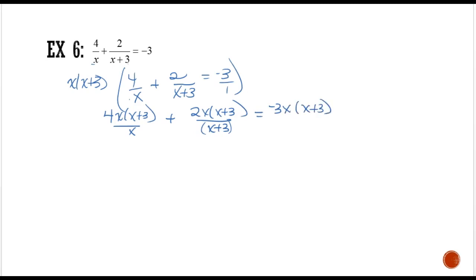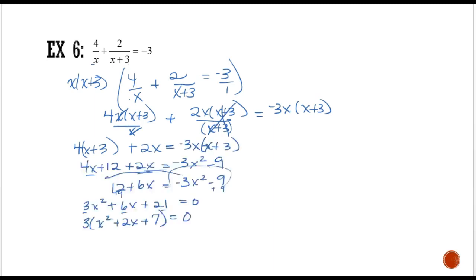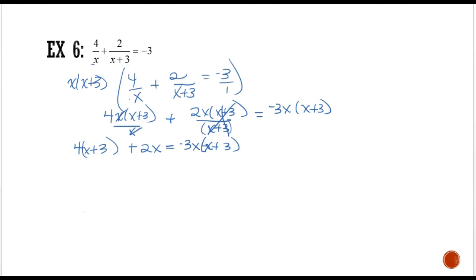All right, so clean it up. These x's go away. So I'll have 4 times x plus 3 plus 2x, those x plus 3's cancel, equals negative 3x times x plus 3. Okay, so now I want to distribute through, so I'll have 4x plus 12 plus 2x equals negative 3x squared minus 9x.